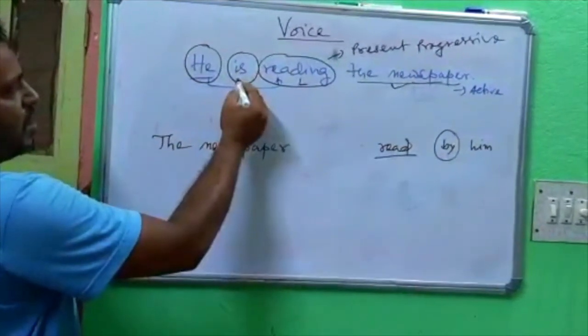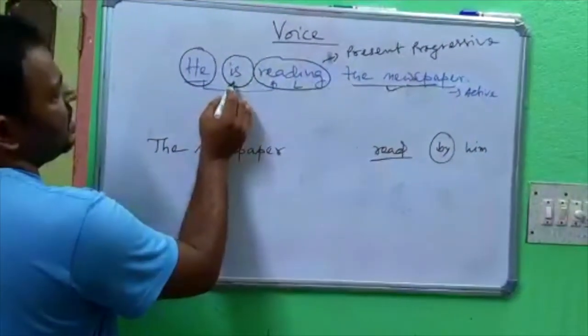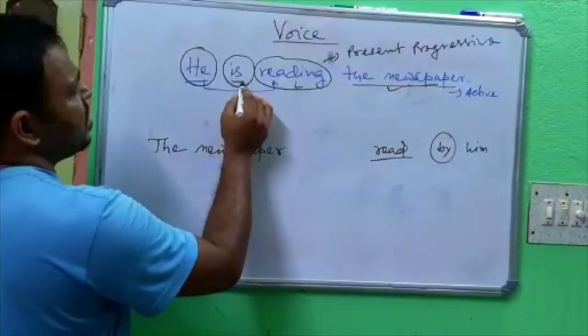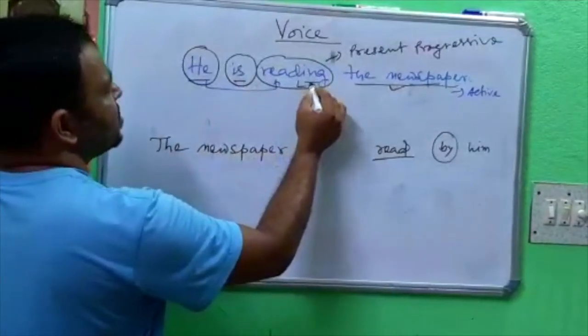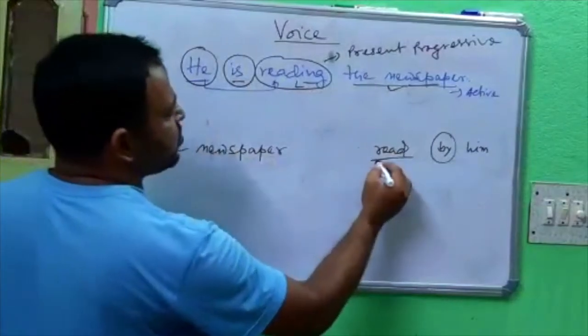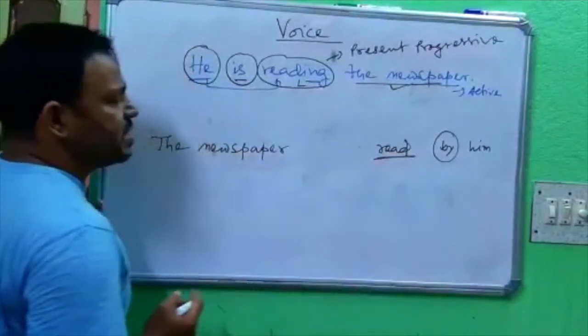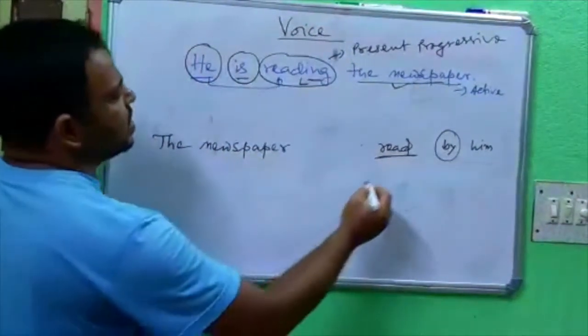Here we have seen that it is in continuous tense, that is be verb and ing verb. The finite verb is to be used in the passive voice in past participle form.